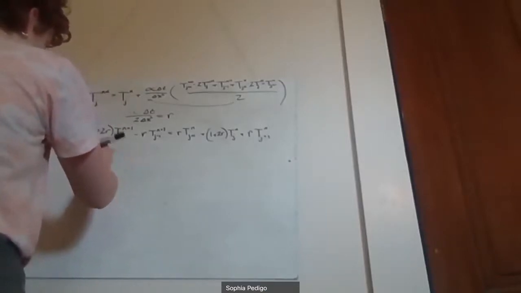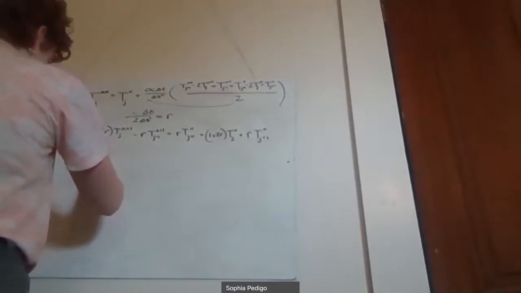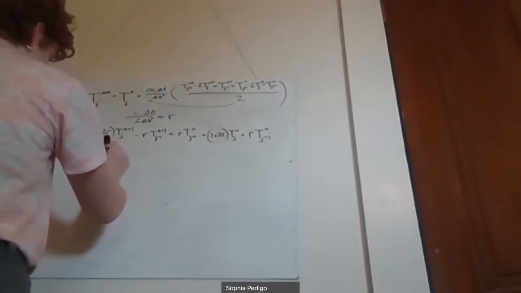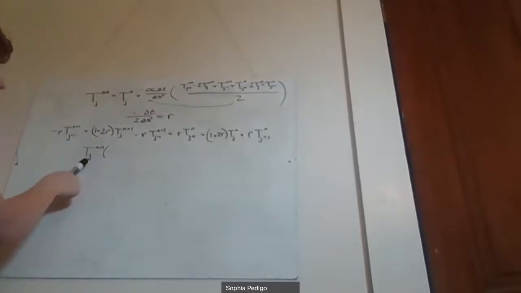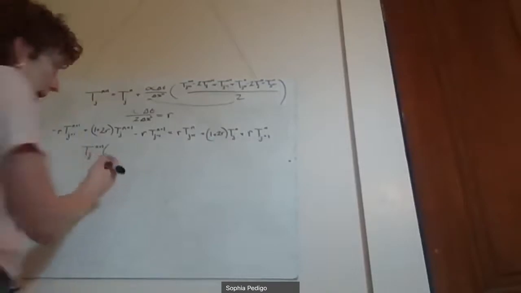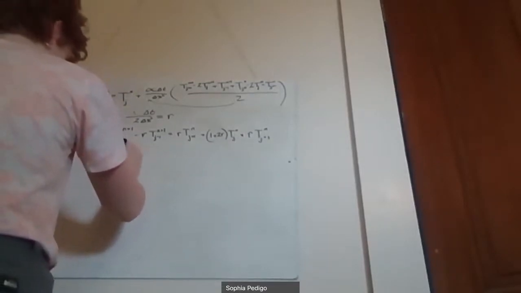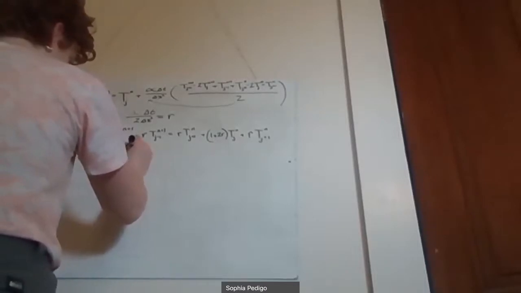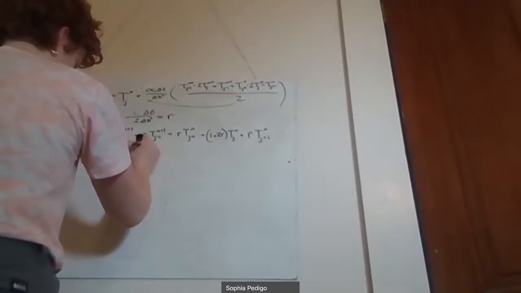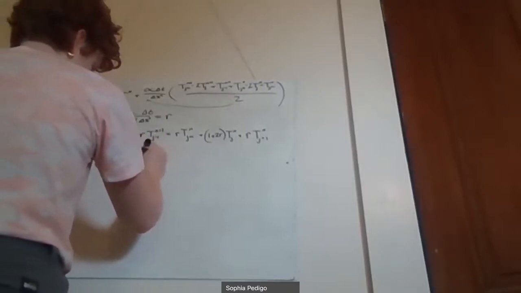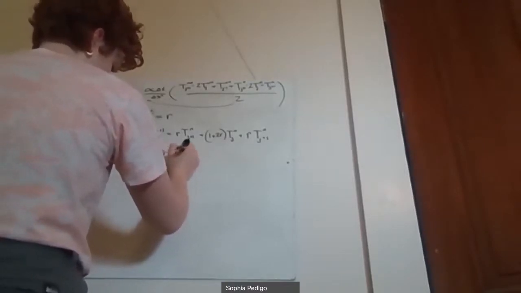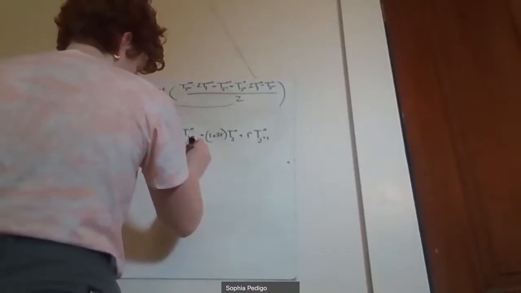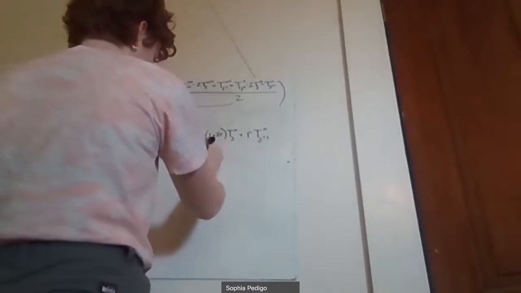So when we do this, we're going to end up with, oh, and also if you look at each of these terms, there's a T_j to the n plus 1, so I'm just factoring that out so you know what's going on. Might run out of room here, but hopefully not.